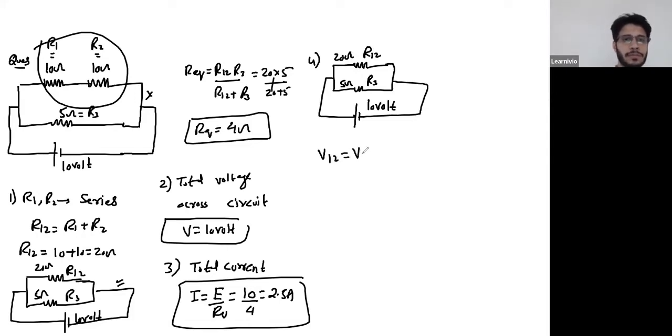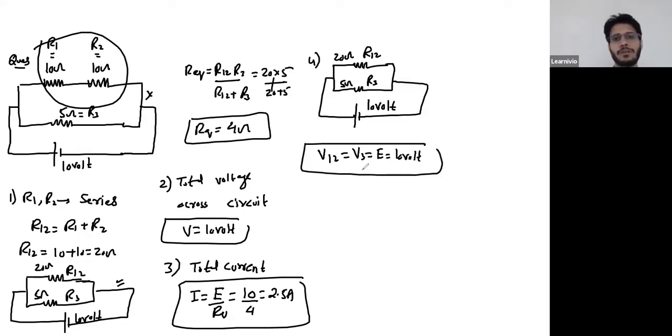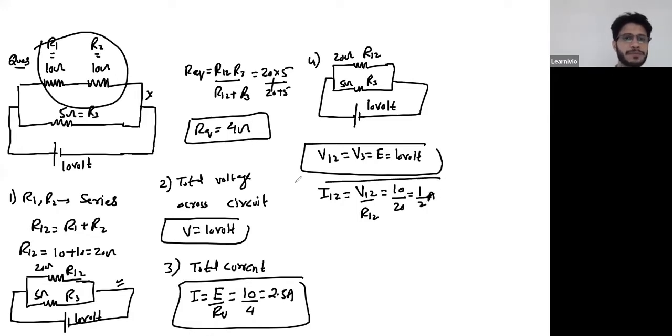Equal to E. Very good. That's equal to 10. Now, once you have voltage, Fatma, how do you calculate I12, the current through R12? V12 by R12. So that's 10 by R12. How much is R12? That's 20. It comes out to be half ampere.